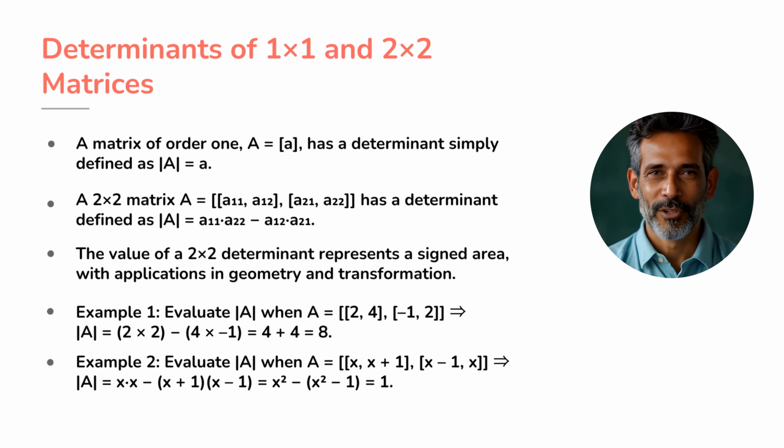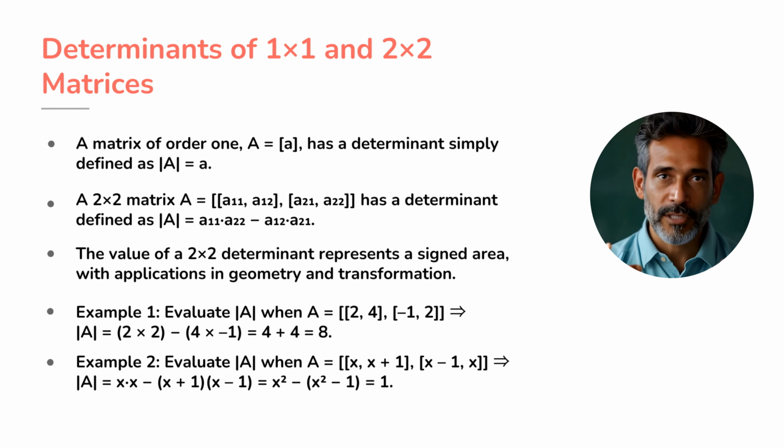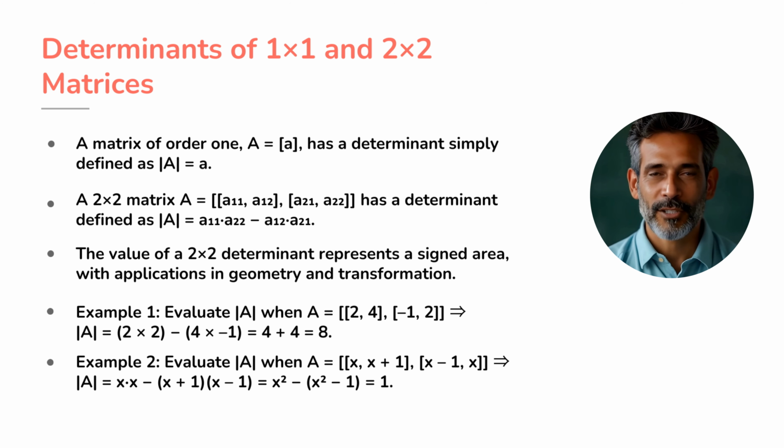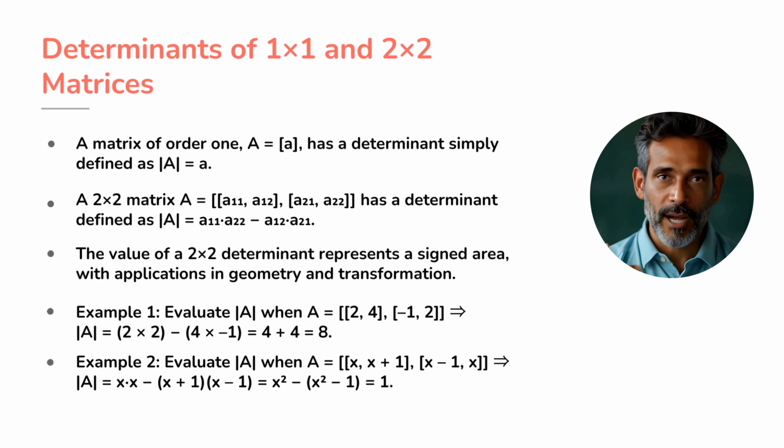If A equals [[x, x+1], [x-1, x]], then mod A equals x times x minus (x+1) times (x-1). That is x squared minus (x squared minus 1), which simplifies to 1. So, even for small matrices, determinants have clear patterns and powerful interpretations.